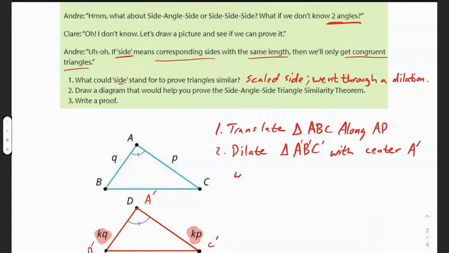With a scale factor of what? So you have AB multiplied by some scale factor to get you DE. Would that mean our scale factor is DE over AB?